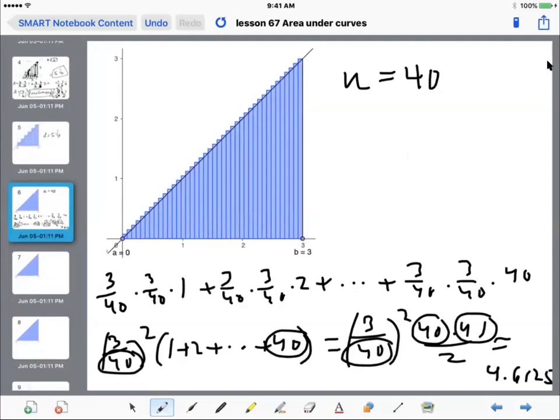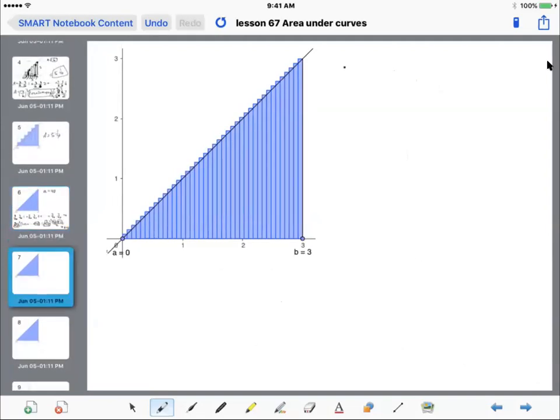Now, you might wonder, can I make n equal to infinity to get the exact answer? Well, we don't have a formula for 1 plus 2 plus 3 plus whatever up to infinity. But what we can do is use our new friend, limit.